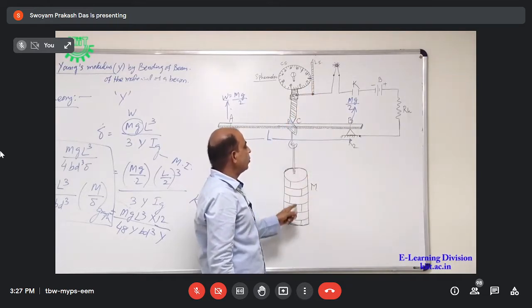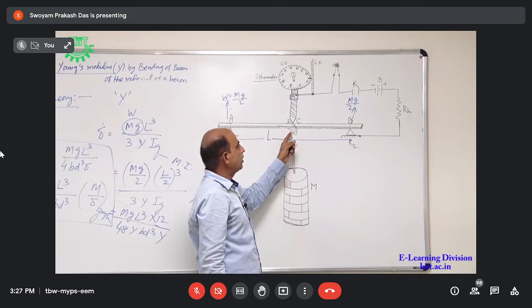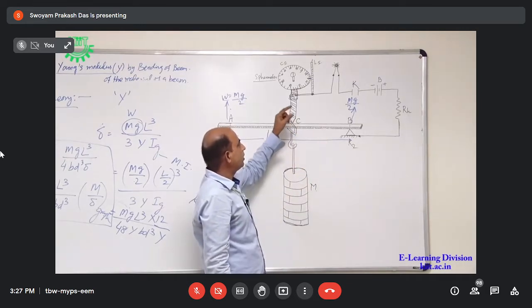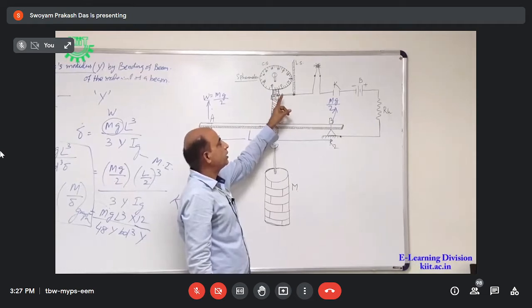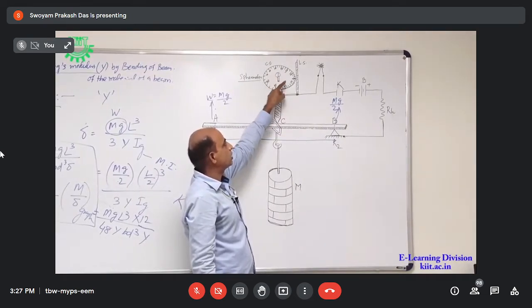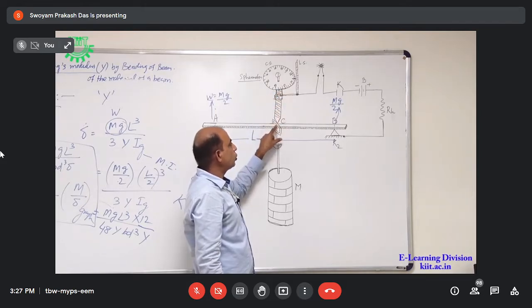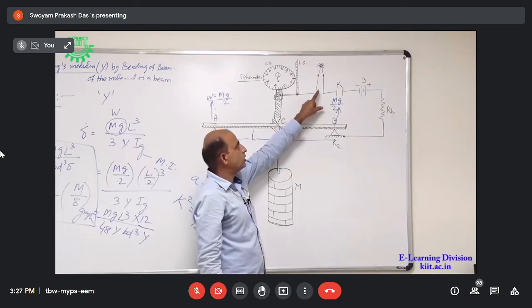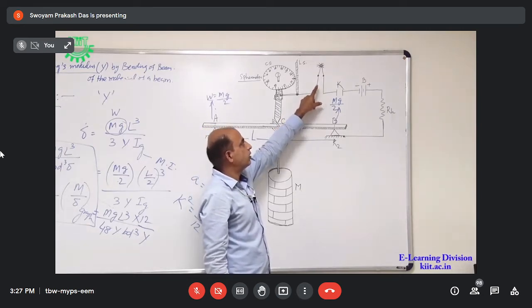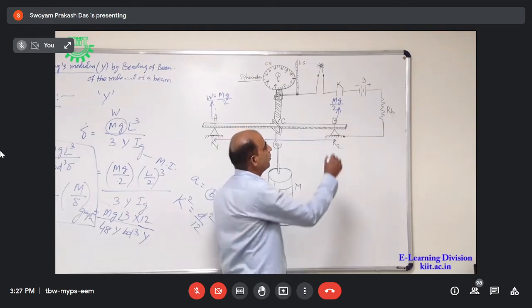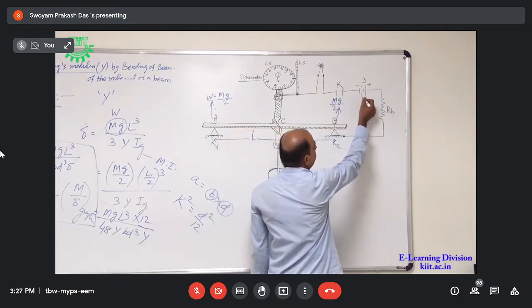After the load is put exactly at the middle, the beam gets depressed, and we will wait for some time. Then we will rotate the circular scale in clockwise direction. When it just touches the small hanger, you can see the glow of light. An LED is connected in the circuit with the help of a key and a battery.